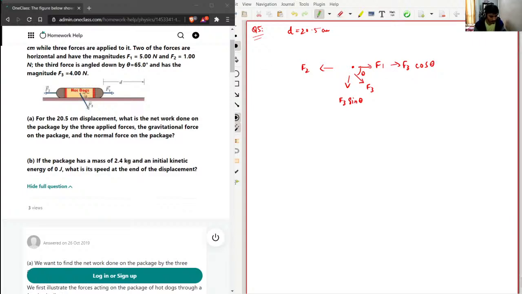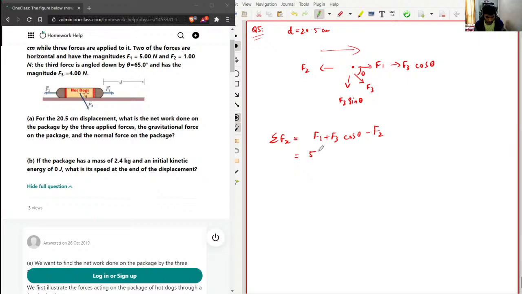From the figure we can clearly see that the direction of this hot dog bag is in the positive x direction. So I'll just take the forces for x direction and sum it up. The summation of forces in x direction will be F1 plus F3 cos theta minus F2. Let's just calculate this.